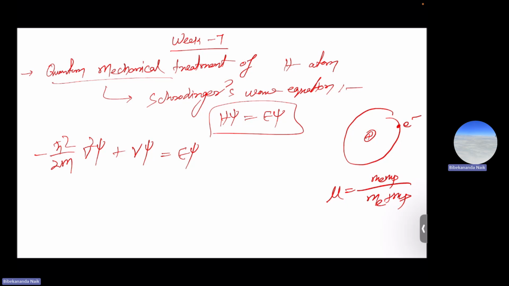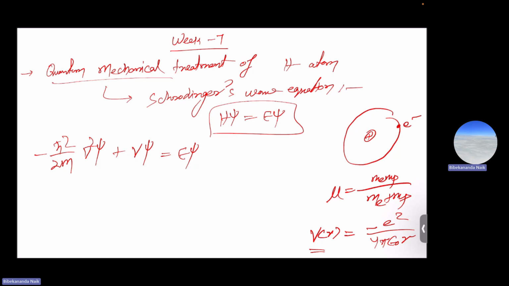And now, what is the value of the potential? We know it is a Coulomb potential, of attractive nature, and the form of the potential is minus e square by 4 pi epsilon 0 r. So the potential is a function of r only.